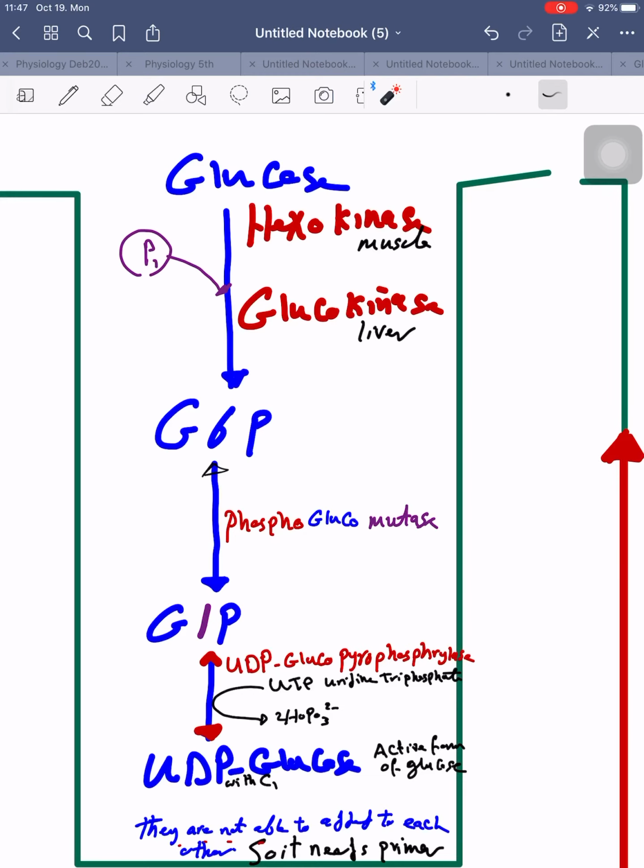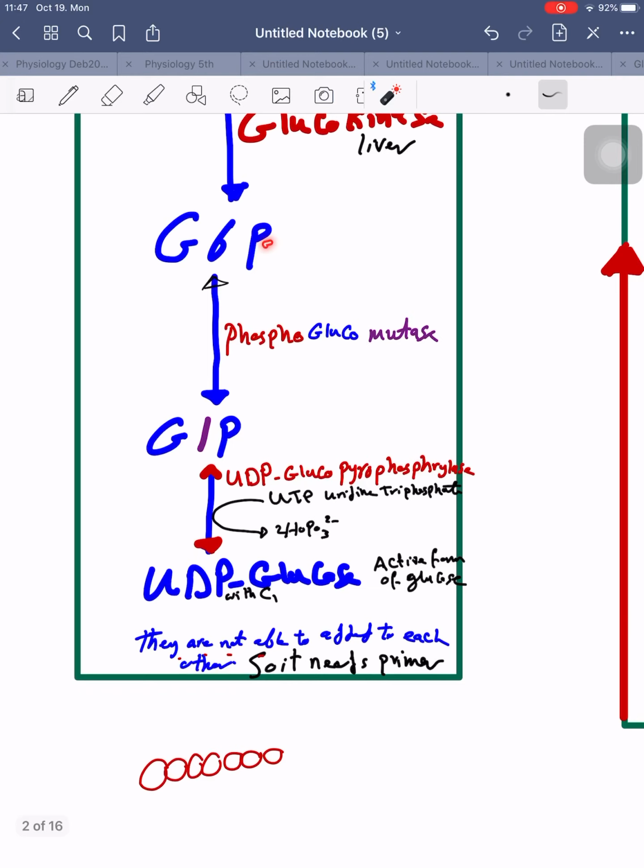Perfect. Then that glucose 6-phosphate, by a specific enzyme, can transfer the phosphate group from the carbon number 6 to the carbon number 1. So we have no change in the structure, just a rearrangement of the phosphate from 6 to 1.